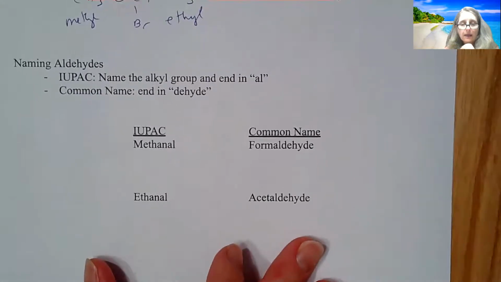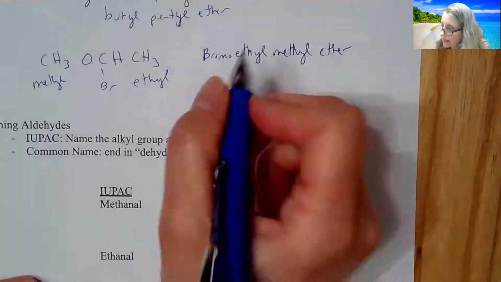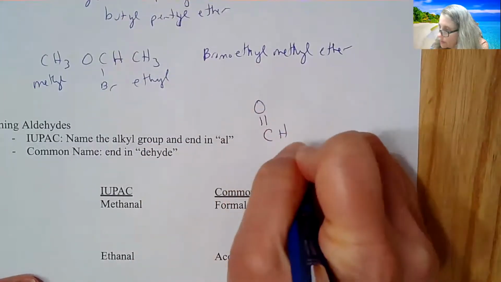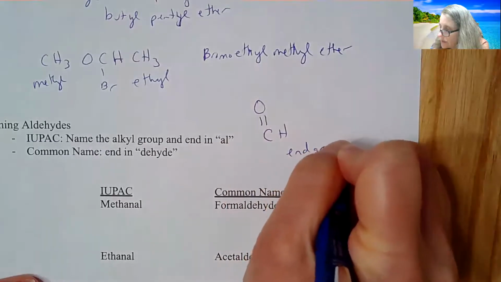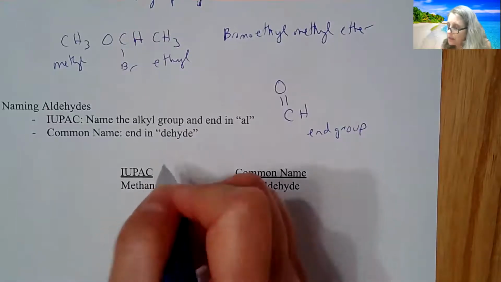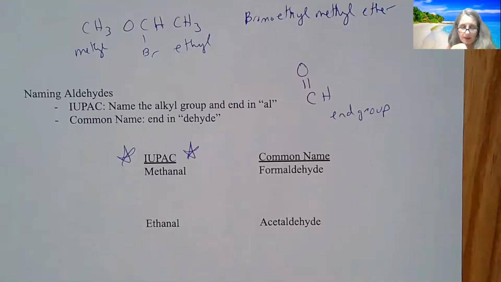All right, and then let's finish up with aldehydes. So aldehydes are going to be what we call an end group, okay? And that is going to lend itself to some differences in terms of how things are done. We are going to use the IUPAC system for this because it's far easier than the common name.